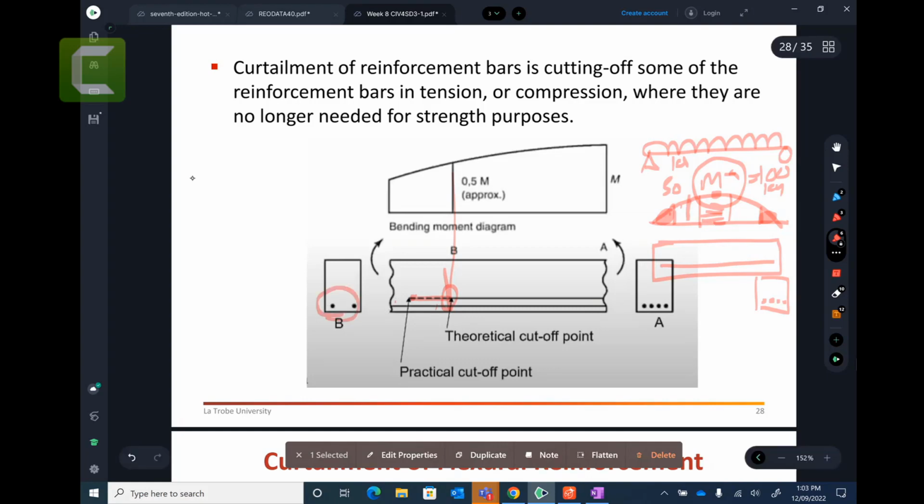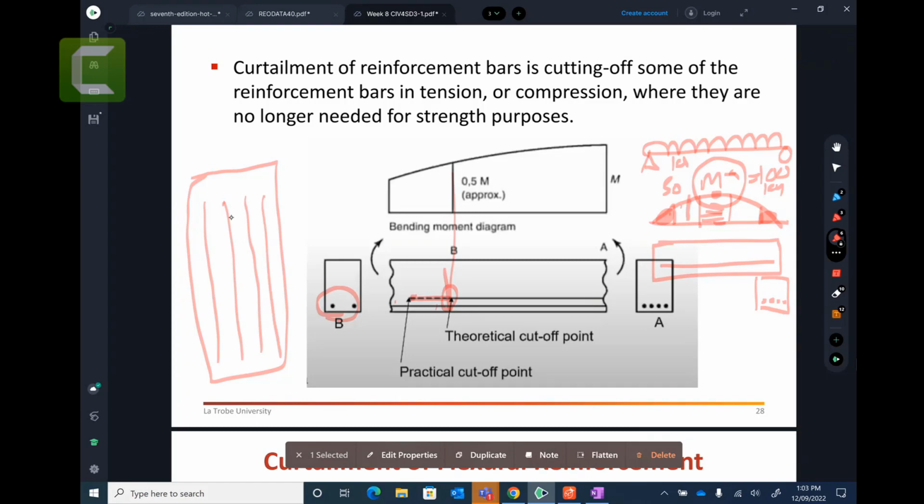So for example, if you have a beam, let's say this is the top view of the beam, you provide this. Let's say this is the ideal situation, 4 bars. But for example, if you want to theoretically cut off, then you can just cut off this one, right?